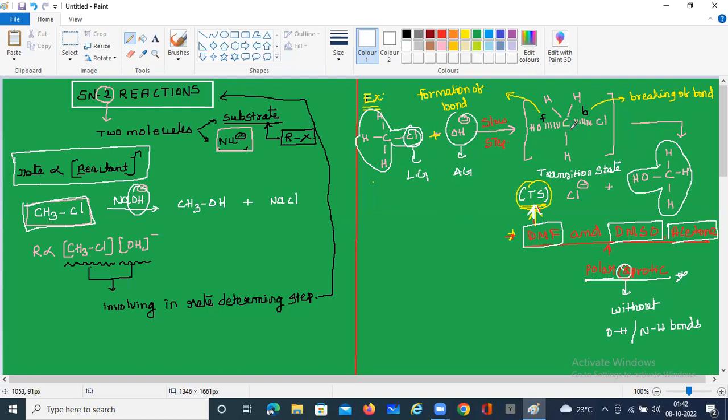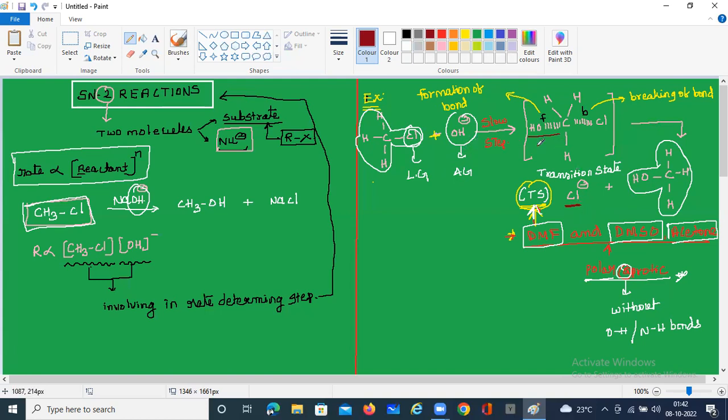In this transition state, the leaving group should be forward bonding, whereas the attacking group, the nucleophile, should be back bonding in SN2. This is the formation of a bond, the OH formation in the product, where chlorine is the breaking of a bond and moves out.